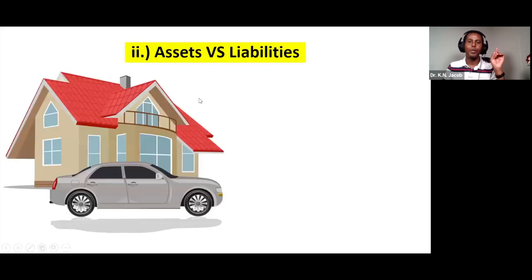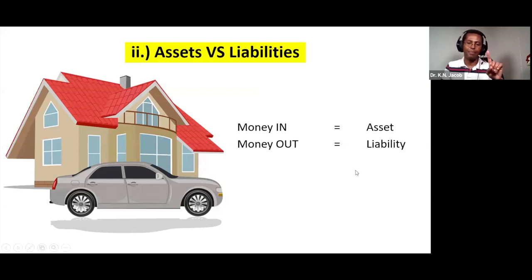Number 2, assets versus liabilities. So the rule is this: if it brings money in, that's an asset. Money out, that's a liability. If it brings money in or saves you money, business money, not any other money. If it brings money into your business or saves you money, then it's an asset.